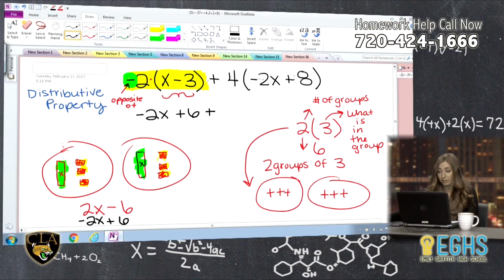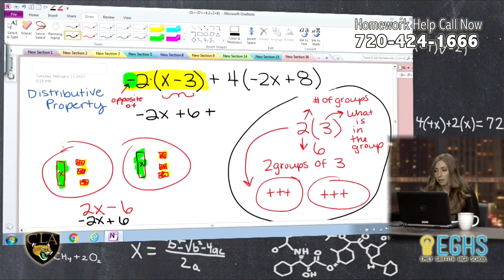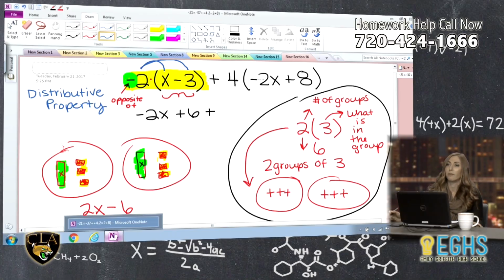I'm not going to draw all this out, but groups of also means multiplication. So what happened, and this is the distributive property, is I took -2 times x, which gave me -2x, and then -2 times -3, which gave me +6. That's a little shortcut of what I just drew.